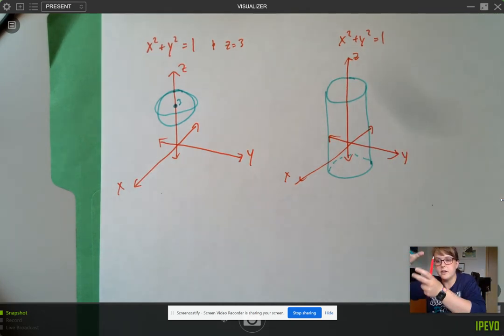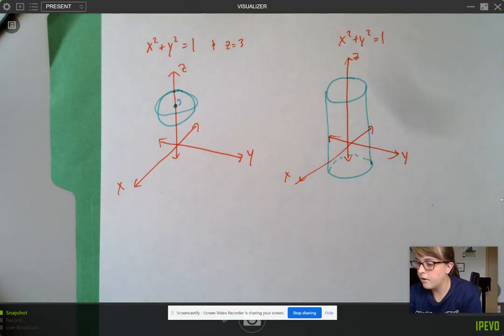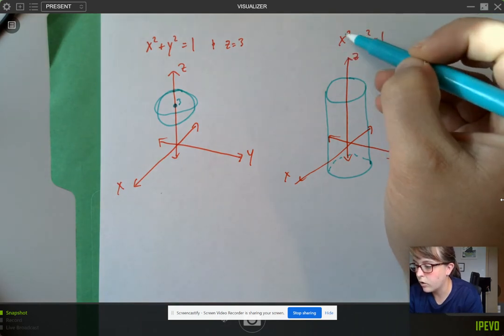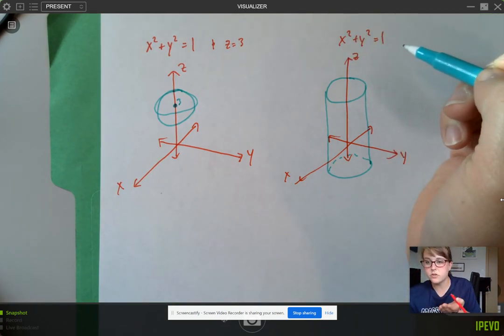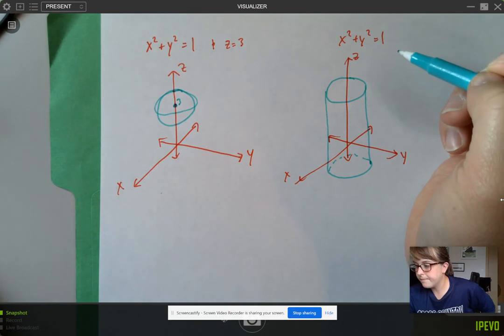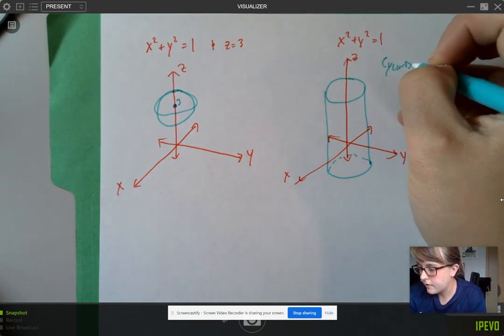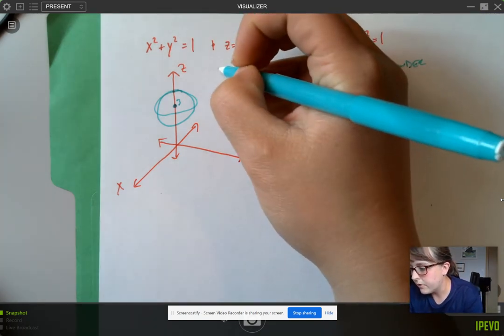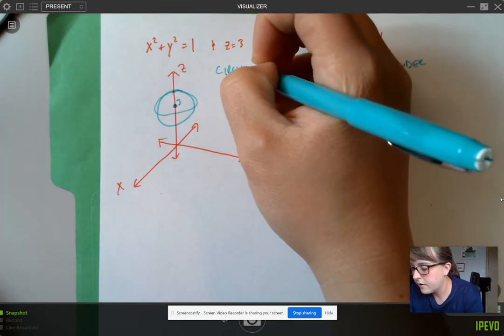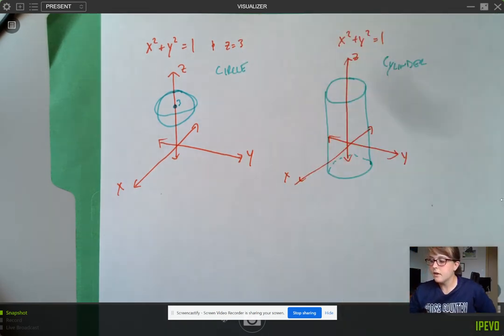It's just this cylinder that's sitting right on the z-axis there, with cross sections that are made by x squared plus y squared equals 1. The cross sections are all circles with a radius of 1. So here we end up with a cylinder, and here we end up with a circle, because this is just one cross section of this same cylinder.